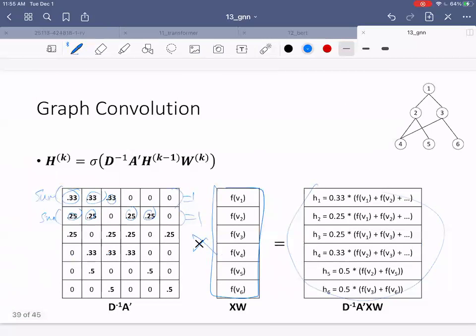But in graph convolution, when you repeat it multiple times, you're using the same normalized adjacency matrix over and over again. That is the only difference.